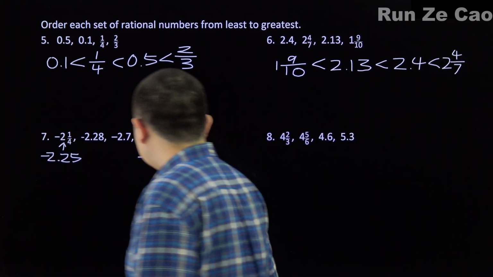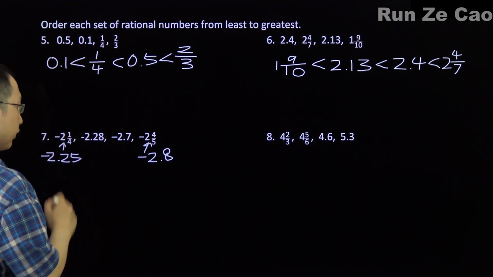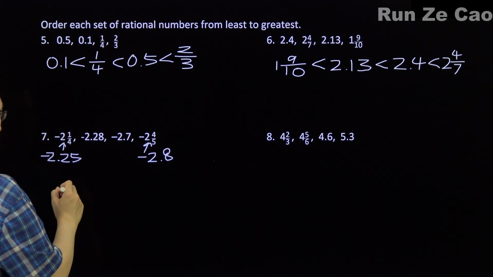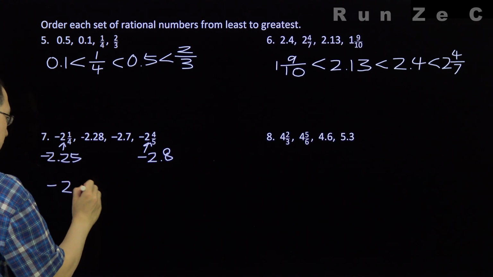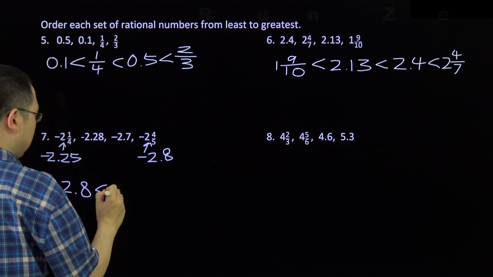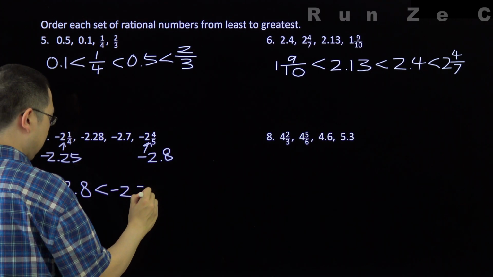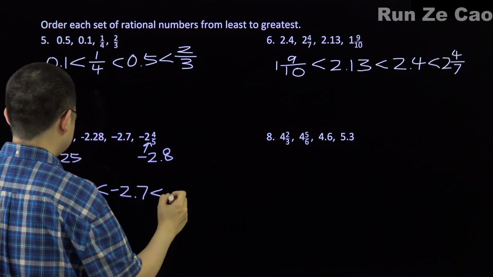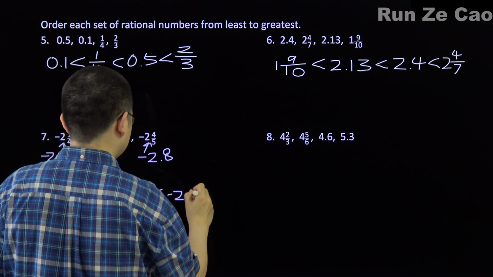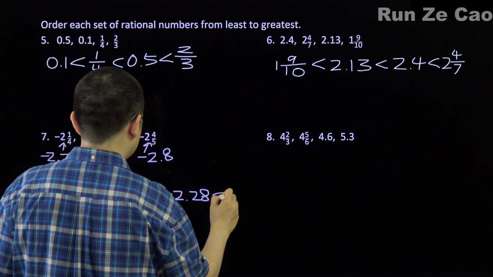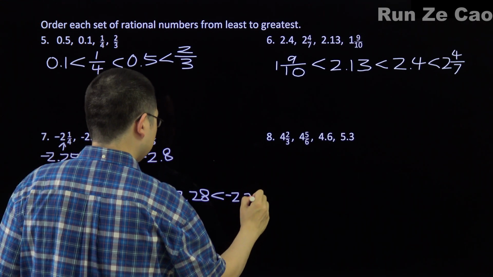Yes. So from least to greatest, we have to go from most negative to least negative. That means negative 2.8 is smaller than negative 2.7, which is smaller than negative 2.28, which is smaller than negative 2.25.